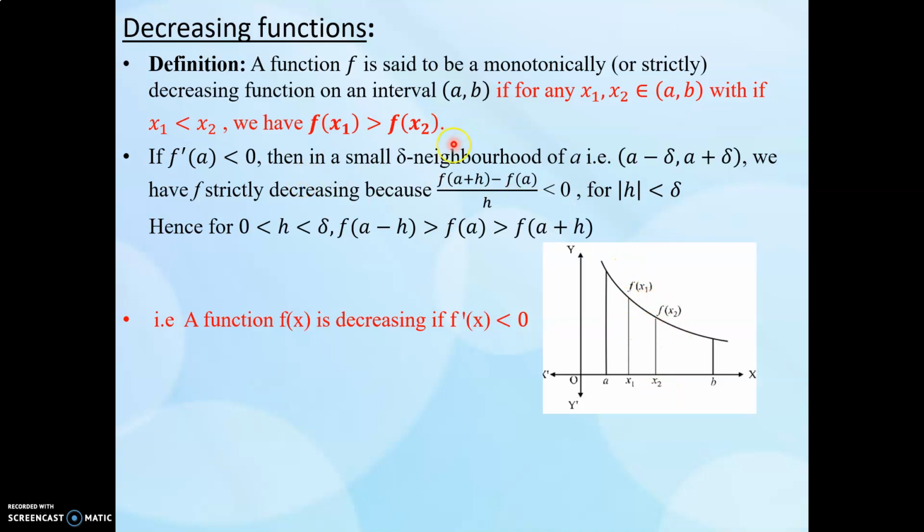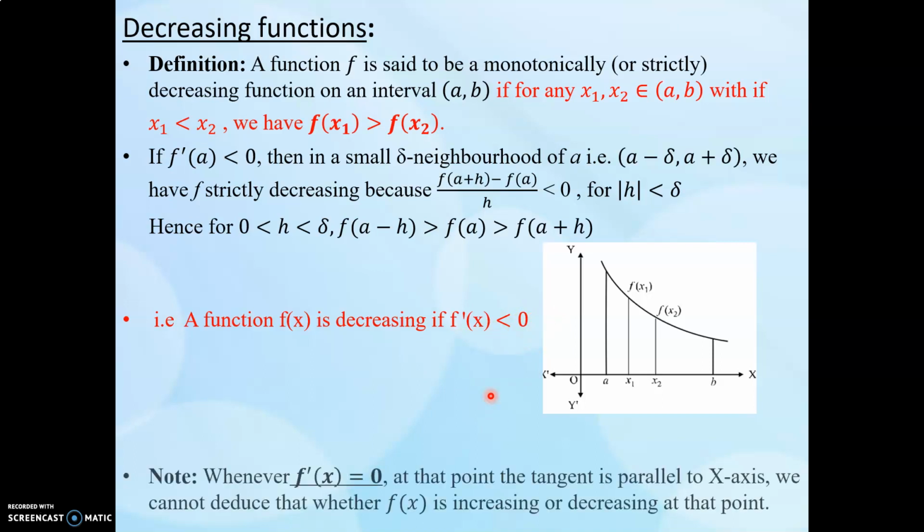So you can use this, a function f of x is decreasing if f dash x is less than 0. So for solving questions, when the given function is increasing we use f dash x greater than 0 and for decreasing function f dash x less than 0. This you have to remember.